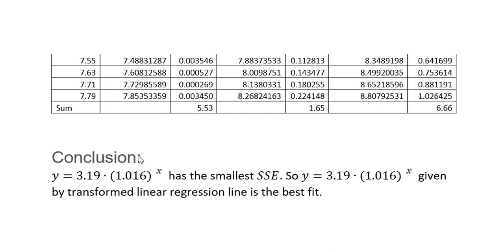So we can draw the conclusion. y equals 3.19 times 1.016 to the x power has the smallest SSE value. So y equals 3.19 times 1.016 to the x power, given by the transformed linear regression line, is the best fit for the data of population.